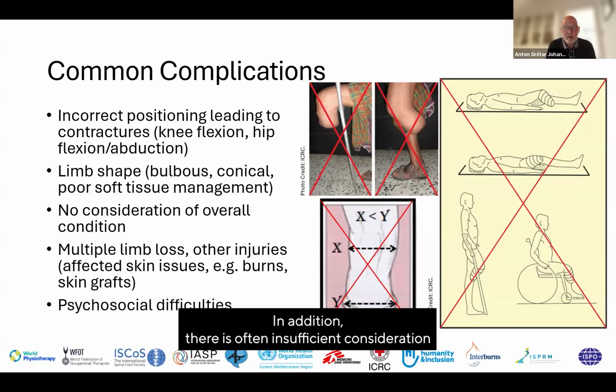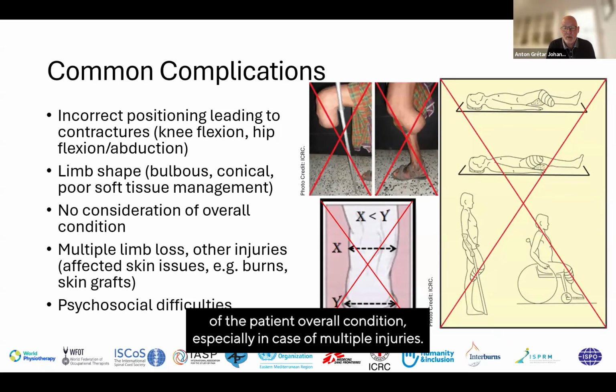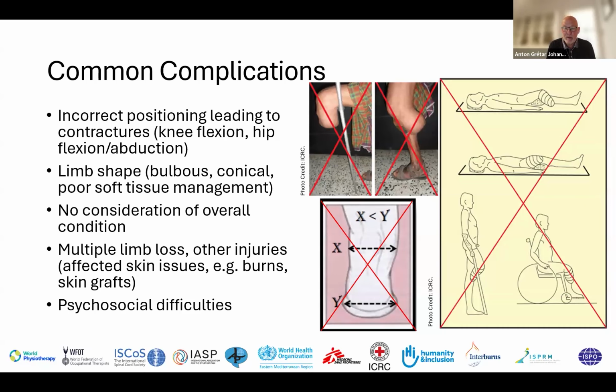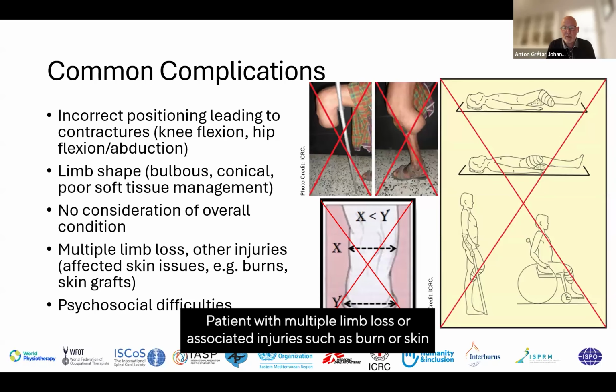In addition, there is often insufficient consideration of the patient's overall condition, especially in cases of multiple injuries. Patients with multiple limb loss or associated injuries, such as burns or skin grafts, present additional complexity, particularly regarding skin integrity.